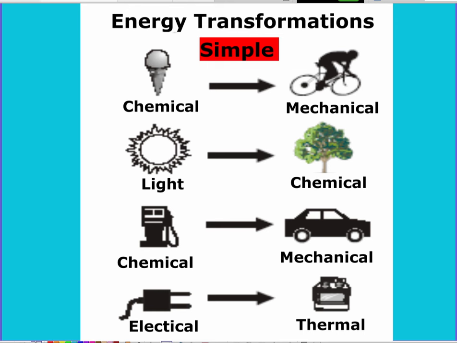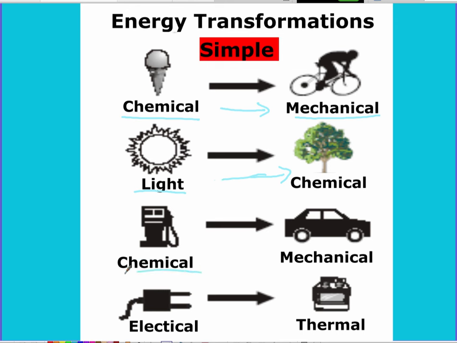Okay, the chemical energy, which is stored in sugars, is stored for you until you eat it. When you eat it, it's broken down by digestion and allows you to use it as mechanical energy. Okay, the light energy from the sun, through photosynthesis, allows trees or plants to create their own food. Well, food is chemical energy, stored energy.